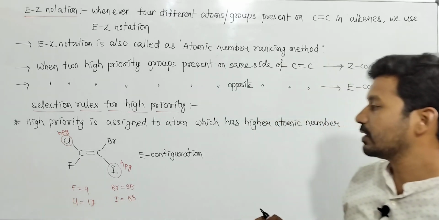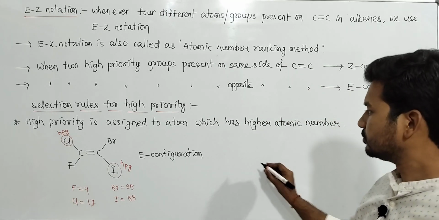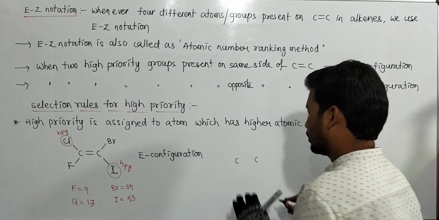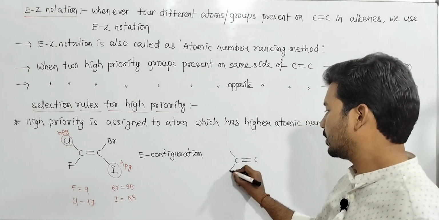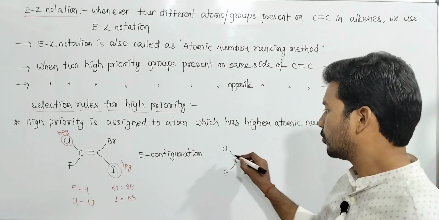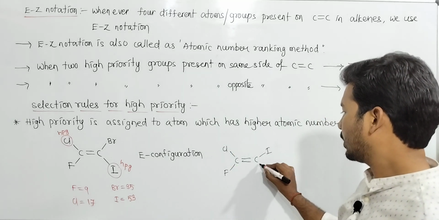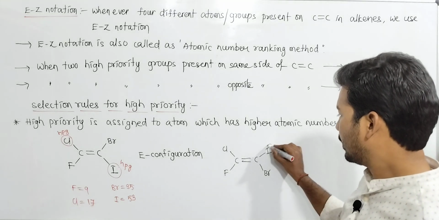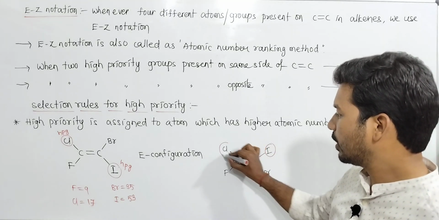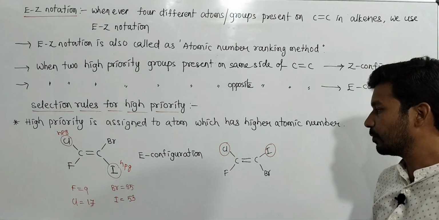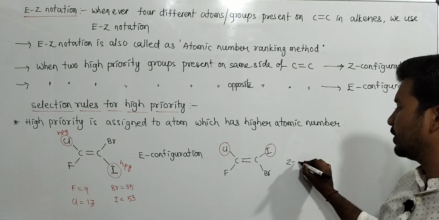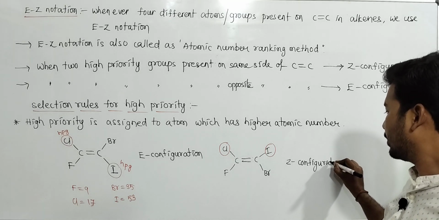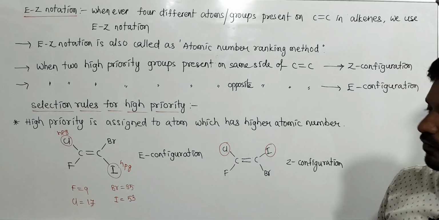If you change their position, here fluorine, chlorine, iodine and bromine. Between iodine and bromine, iodine, and between fluorine and chlorine, chlorine is the high priority group, on the same side. So which configuration? Z configuration. So this is the first selection rule.